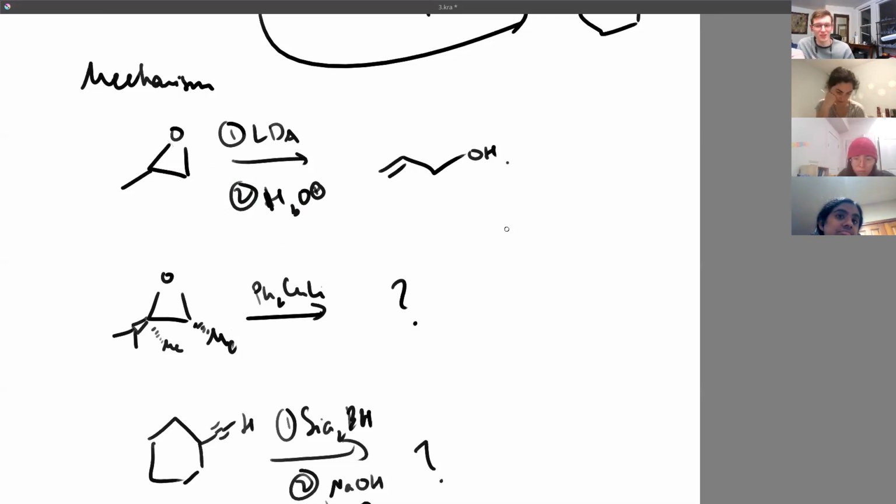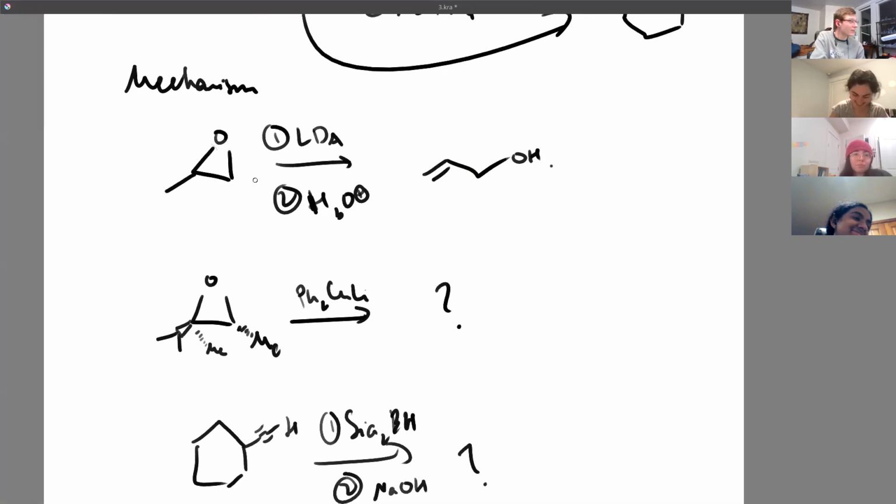What do really good bases like to do? Elimination? Oh, yeah, they do. Exactly. So it's going to eliminate this oxygen, this epoxide. That's pretty wacky, but there's no reason it can't.